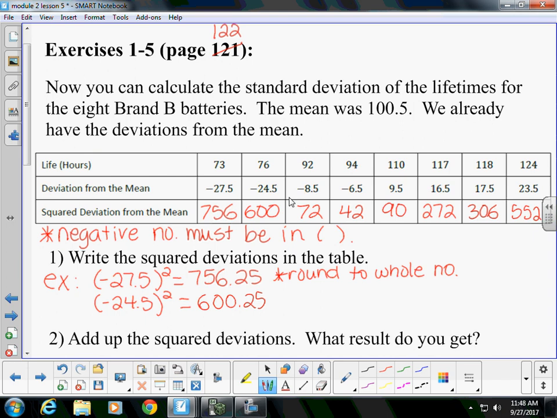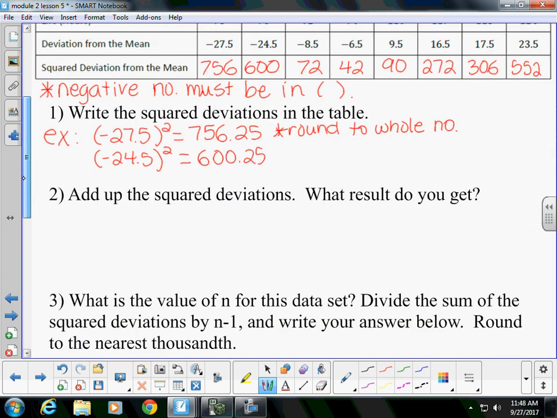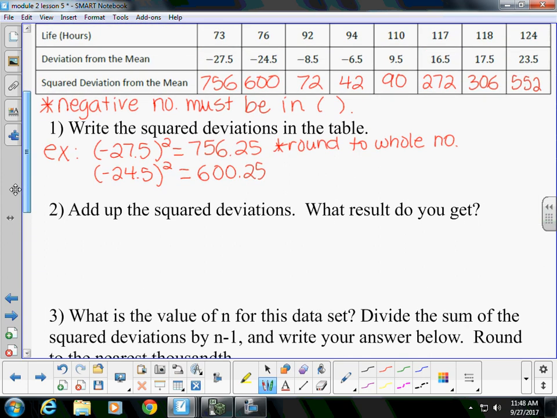Okay, so that's our first step. Next step, we're going to add up the squared deviations. So I'm going to take all those answers there, 756 plus 600 plus 72 plus 42 plus 90 plus 272 plus 306 plus 552.